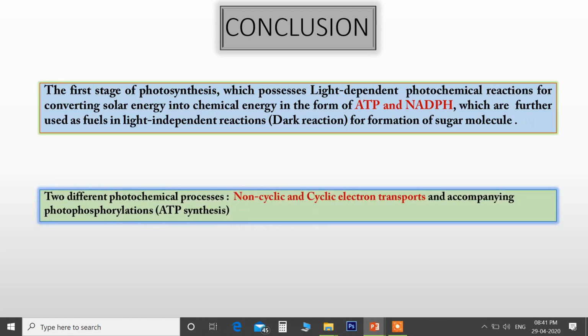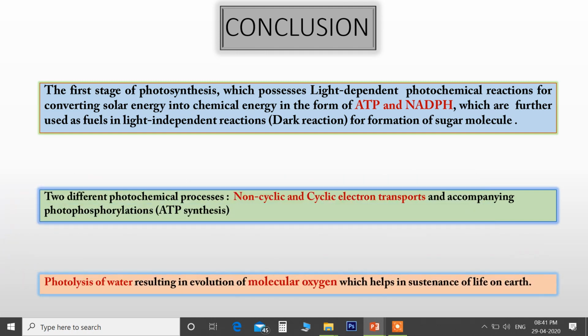Here two different photochemical processes are taking place, non-cyclic and cyclic electron transport, and ATP synthesis also accompanies this electron transport, and it is known as photophosphorylation, non-cyclic and cyclic photophosphorylations. And photolysis of water is another important step in light reaction which results in the evolution of molecular oxygen also, which helps in the sustenance of life on Earth.